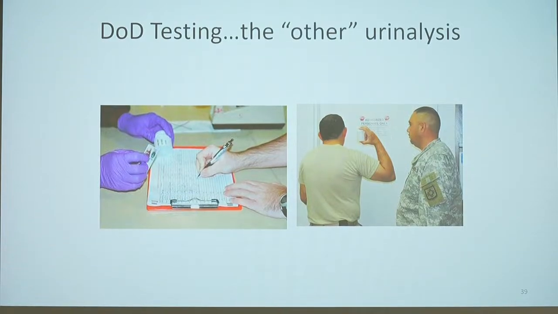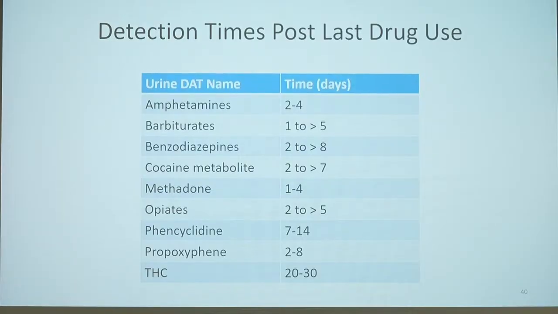What you need to understand about the DOD testing and drugs of abuse testing in general is how long the drug stays around in the system. And of course, that's based on specific properties of the drug.